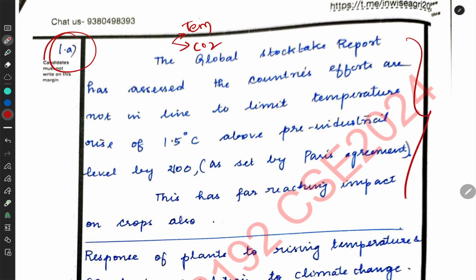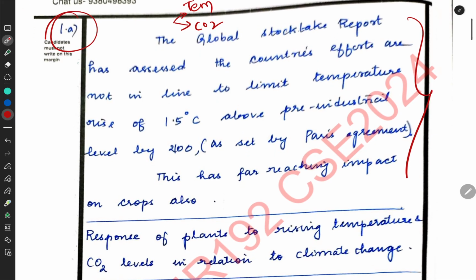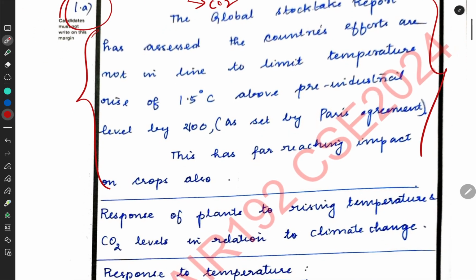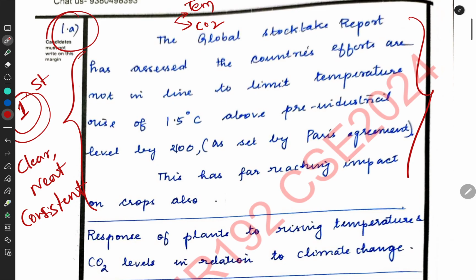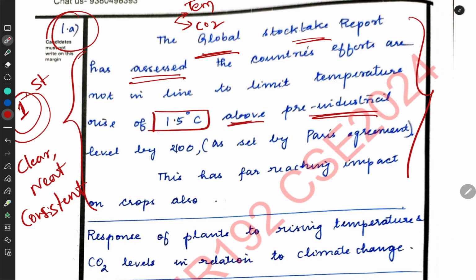Look here, in the first paragraph, she has given the introduction. The first point, please note it down, is very important: neat and consistent handwriting. You notice here how clean it is: global stock, EBO, pre-industrial, data and facts in the introduction.